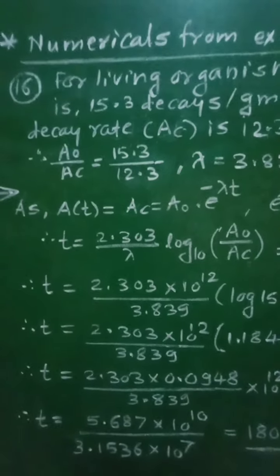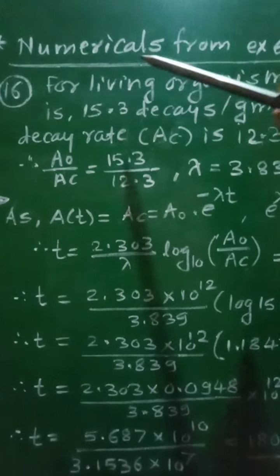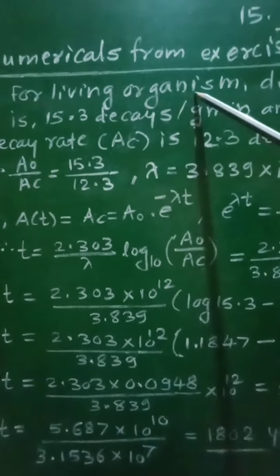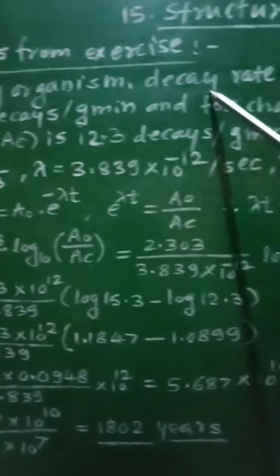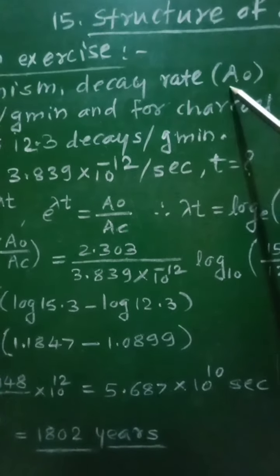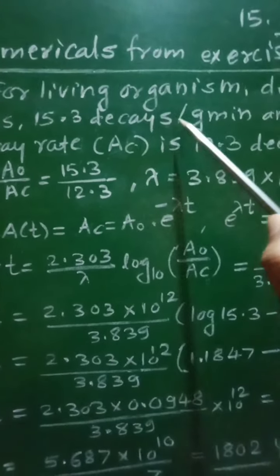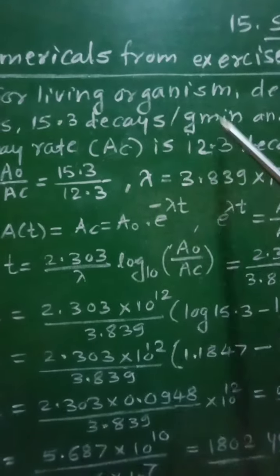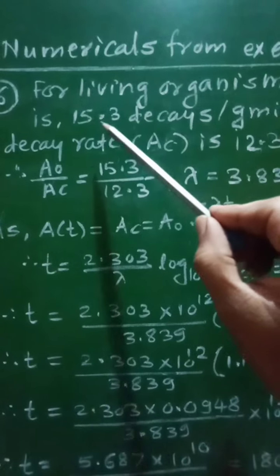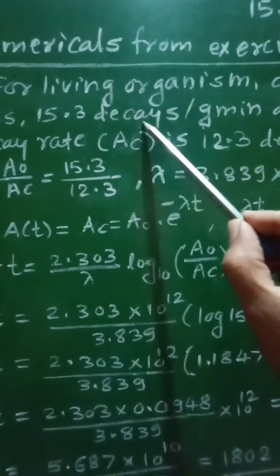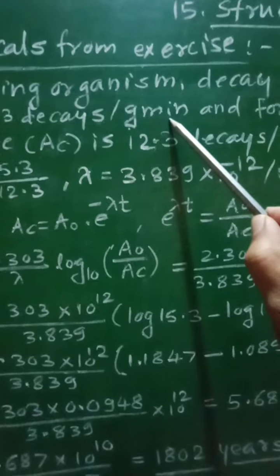For this numerical, the given data is for the living organism, the decay rate, that is A0, which is 15.3 decays per gram per minute.